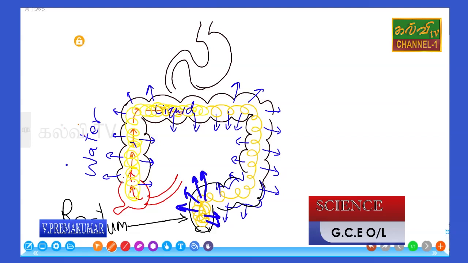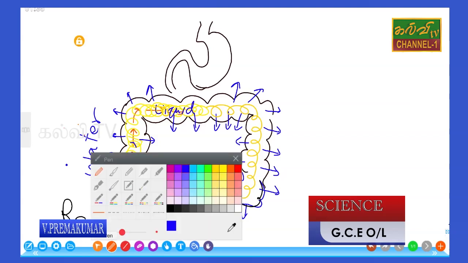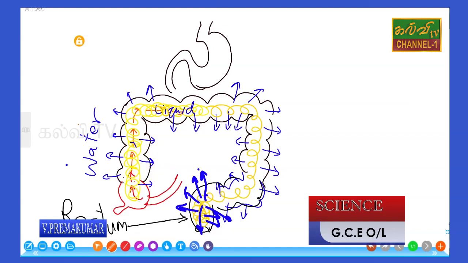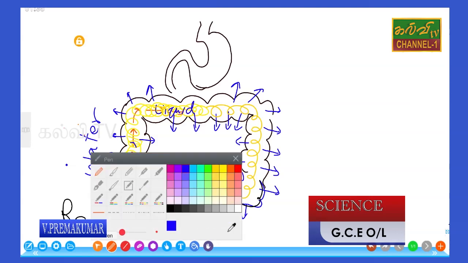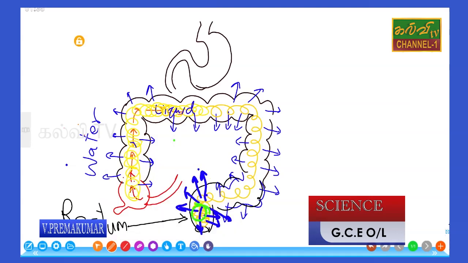If you miss defecation, if you miss removing the fecal matter in time, what happens? The matter changes to a very thick solid formation.